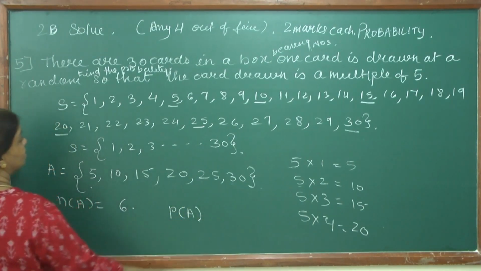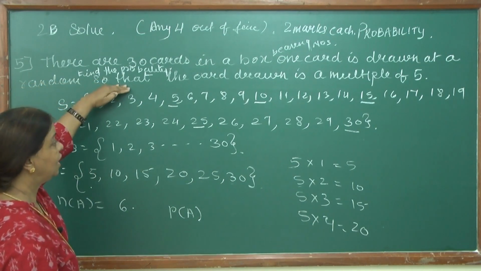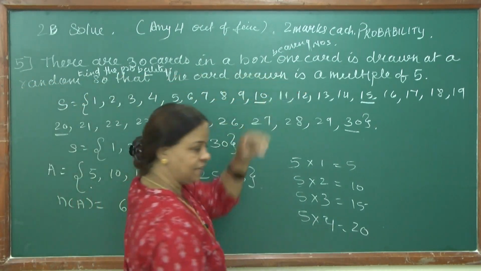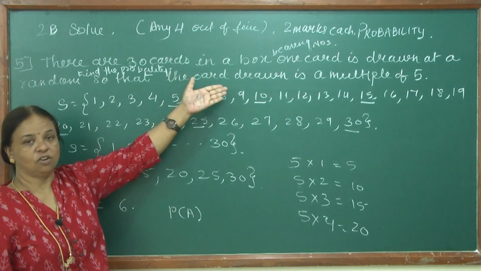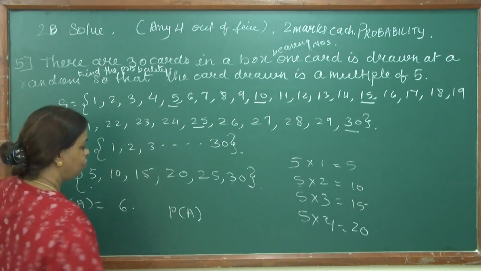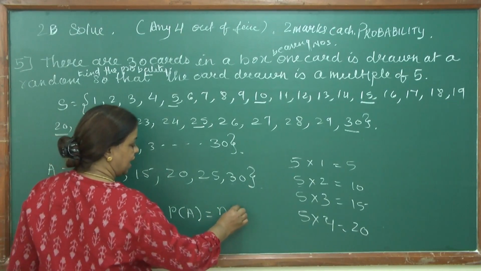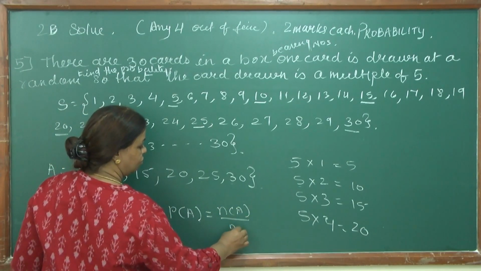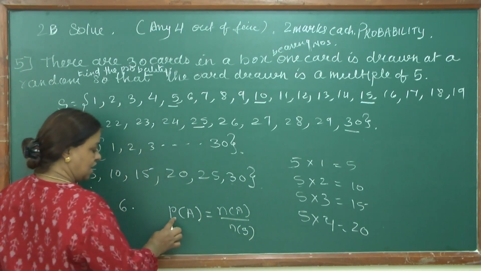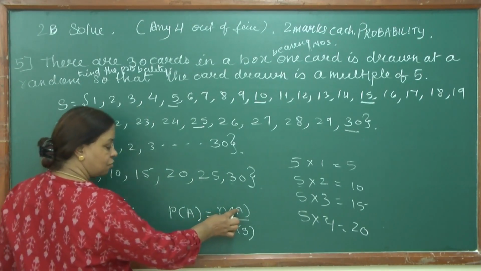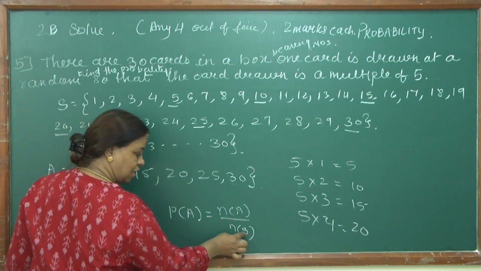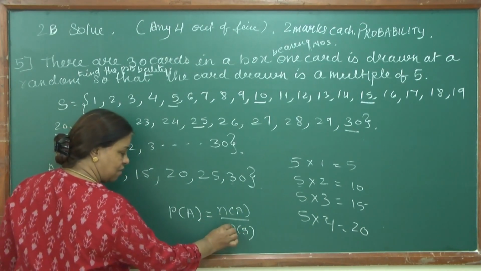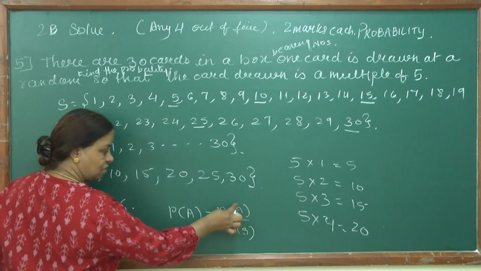What will be the probability of A? Probability of A means the probability that the card drawn is a multiple of 5. P of A is equal to N of A upon N of S. This is the formula, children. If it is P of B, it is N of B upon N of S. If it is P of C, N of C upon N of S. N of S will be the same for everyone, but this one will change.